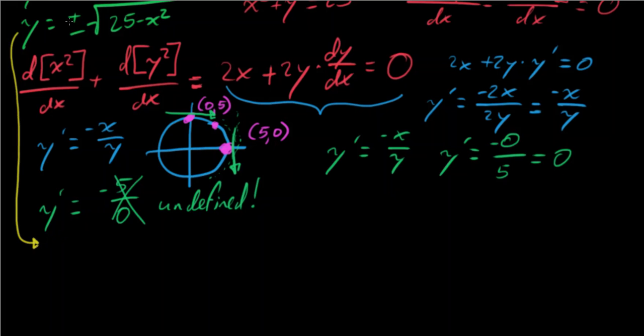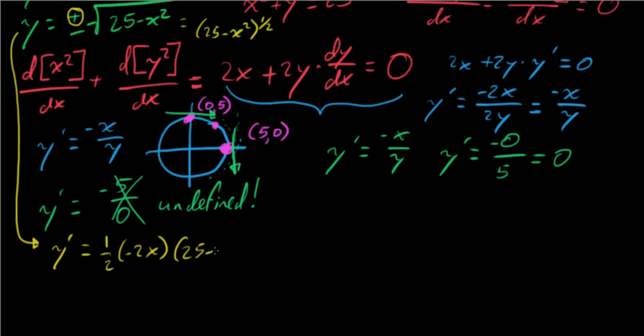If I just take the derivative of the positive part, then y prime is equal to, in other words, 25 minus x squared to the 1/2 power. Its derivative then, we need a power rule and a chain rule: 1/2 times the derivative of the inside, times the inside unchanged raised to that negative 1/2 power, just subtracting 1 from the power.